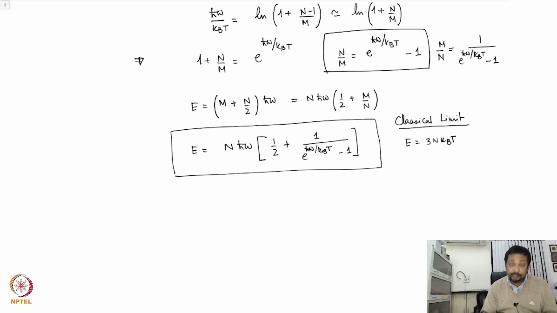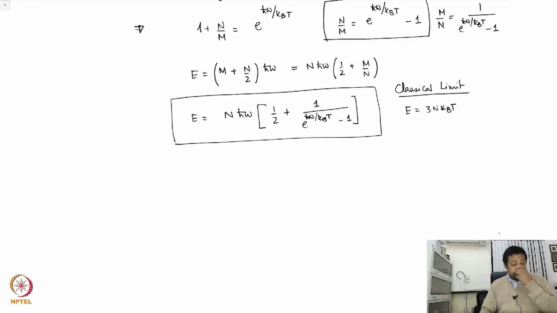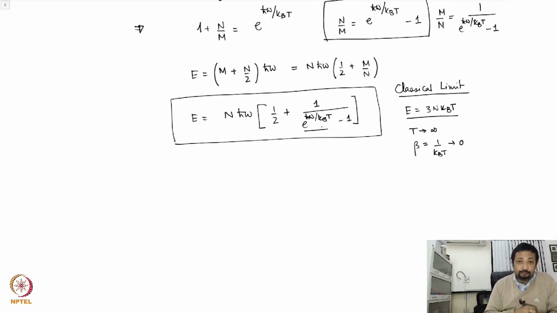We have already done this. Hence, to see whether we go to this limit, what we need to do is to take T to infinity so that beta, which is equal to 1 over kBT, is small. It goes to 0. Therefore, I can expand the exponential.